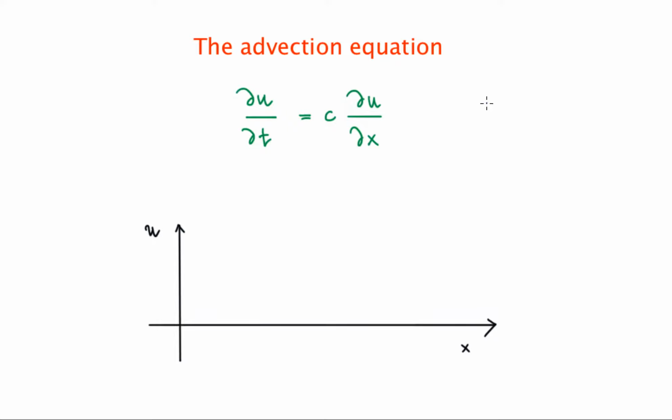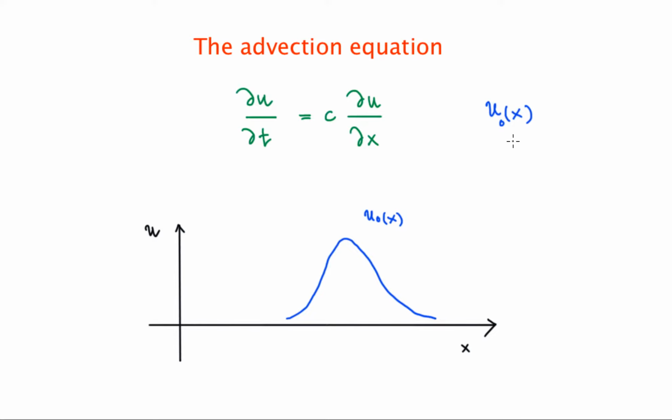Just consider that we have as initial condition that the wave, the u function, has some form. Let's say this is the initial condition, where the wave function has this form. This is the representation for the wave initially.